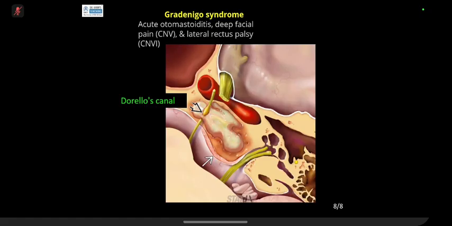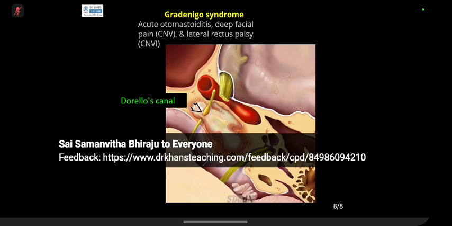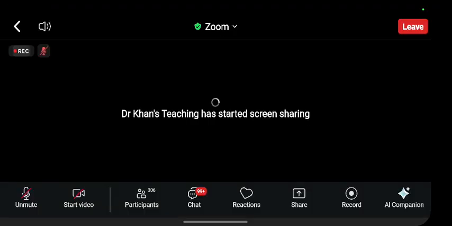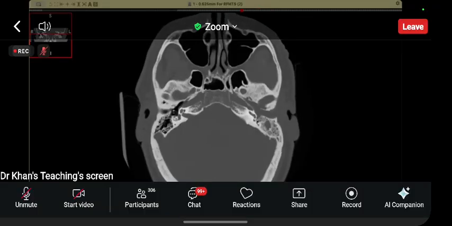This picture tells you what happens, that this is the Dorello canal, and there can be infection. The petrous apex is sitting here, and both the bones are next to each other. So this will be a question in the exam, which foramen does it pass, and it doesn't pass through the petrous temporal bone.